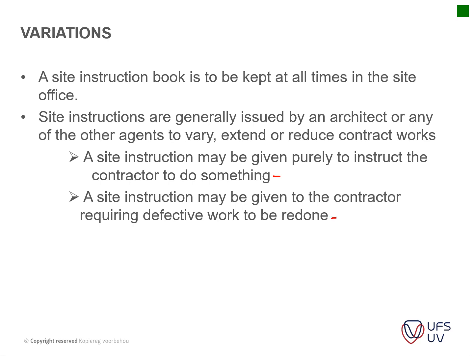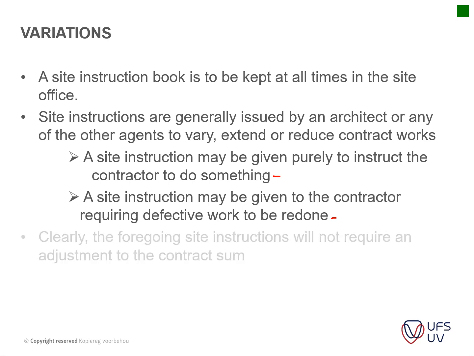For instance, if he builds a wall skew, he will be instructed to break it down and rebuild it, which will not constitute a variation order. Okay, clearly the foregoing site instructions will not require adjustment to the contract sum because the contractor already had to do everything accordingly.